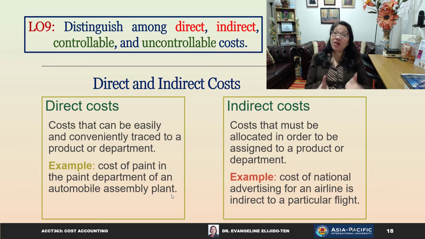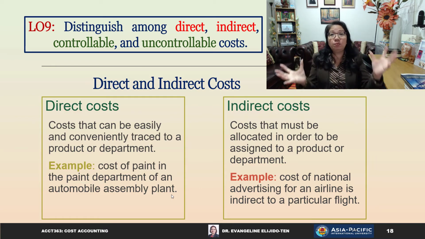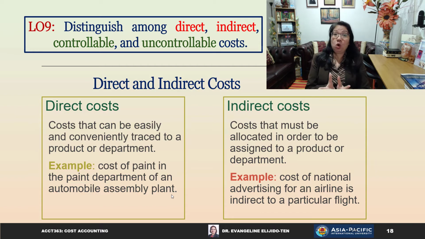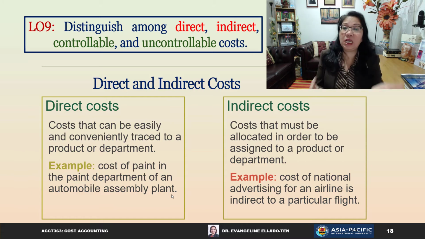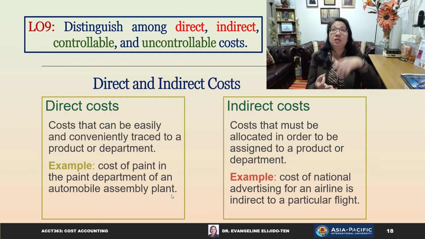What about the manufacturing overhead? Now recall that manufacturing overhead is really a big cost pool of different costs. It includes indirect materials, it includes indirect labor, it includes all the other costs incurred in the factory, such as what? Depreciation of machinery, the supervisors' salaries, cleaning costs of the factory, the utilities, electricity, and all that.